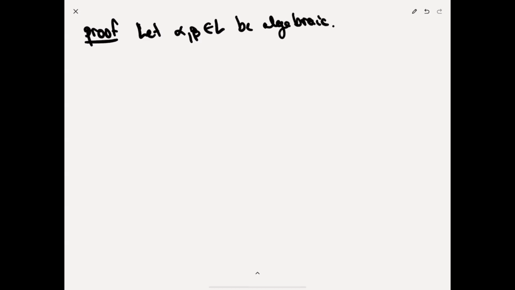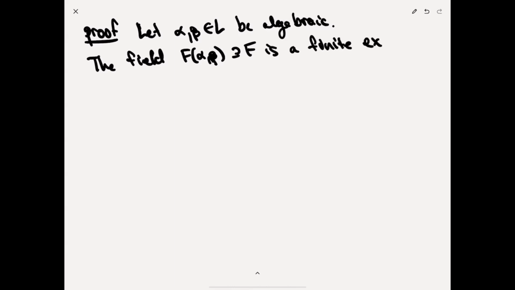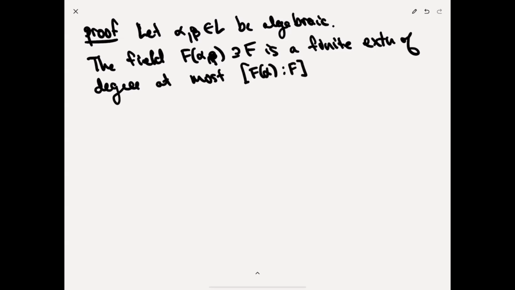So the field F(alpha, beta), if I just adjoin these two elements, this contains F and is a finite extension of degree at most [F(alpha):F] times [F(beta):F].